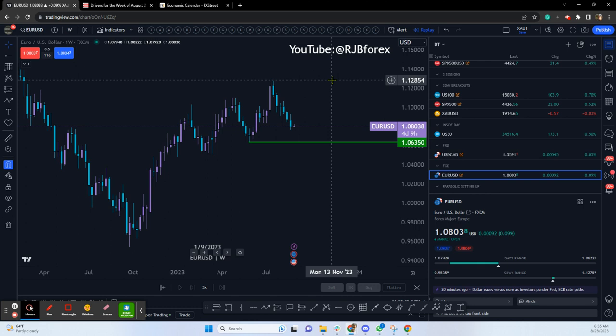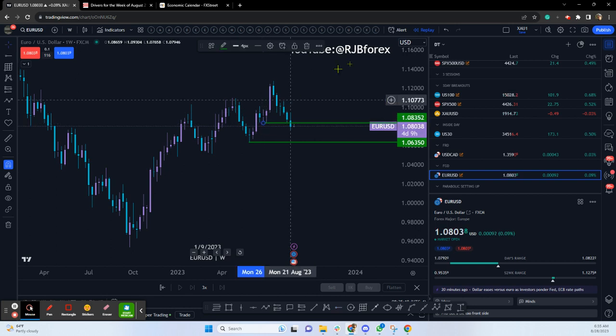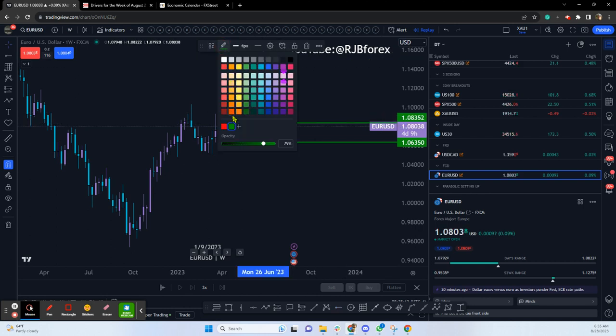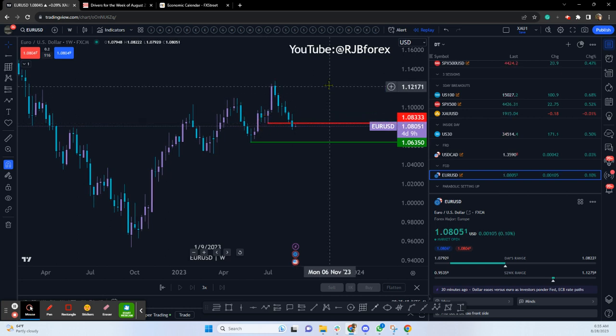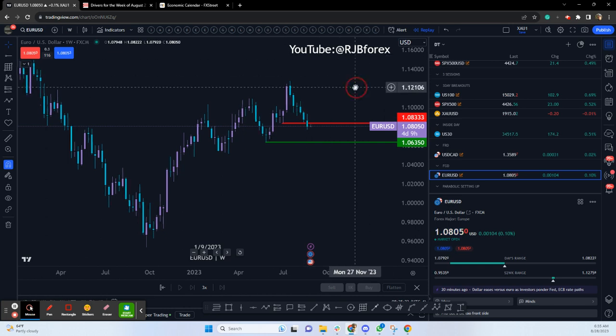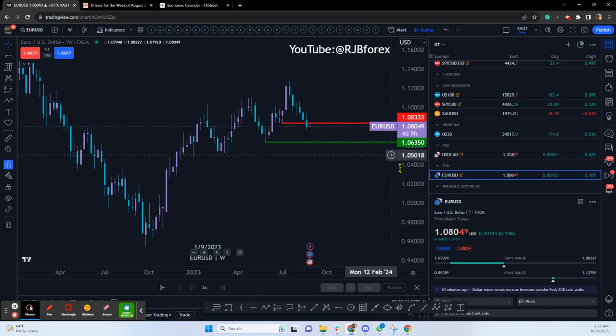Overall, we are below this area of internal structure, potential resistance. However, we've got 1, 2, 3, 4, 5, 6 weeks of bearish closes.